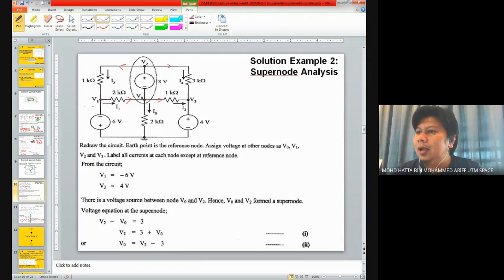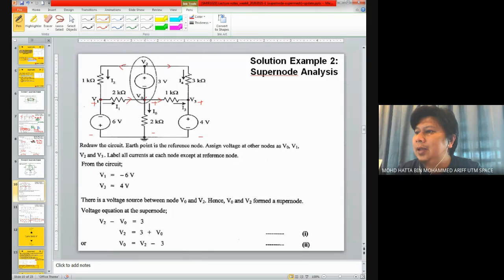If you have a look at the non-reference nodes, we can say that this is the positive side, negative, positive, negative, right?